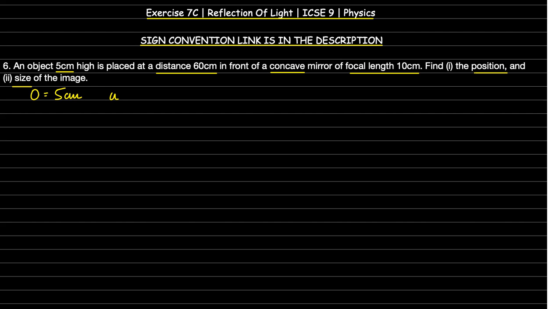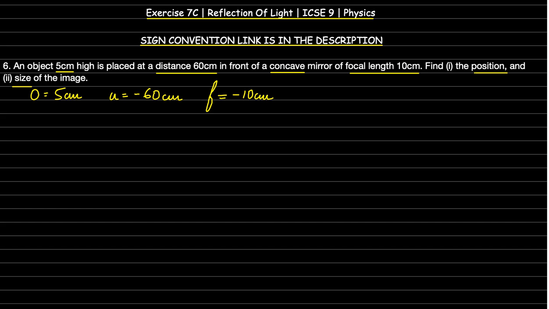So object distance is denoted by U, and it will always be negative by sign convention. So it's going to be minus 60 centimeter. In front of a concave mirror of focal length, so focal length for concave mirror is taken as negative. So I would write F is equal to minus 10 centimeter.